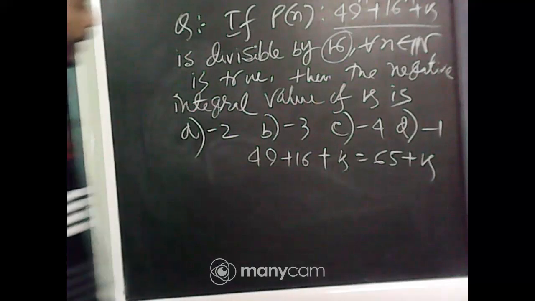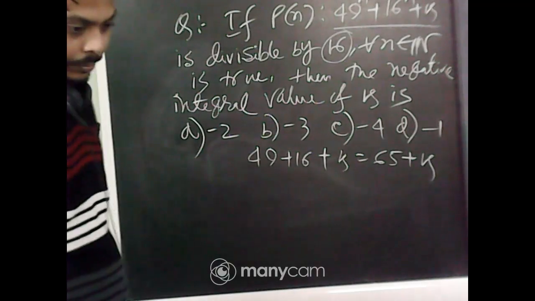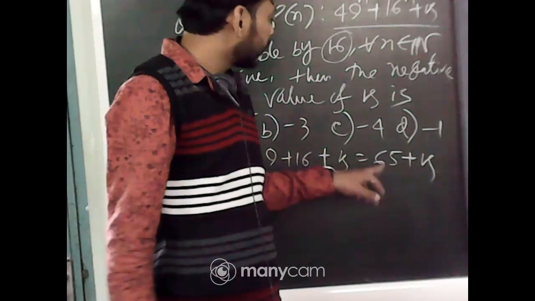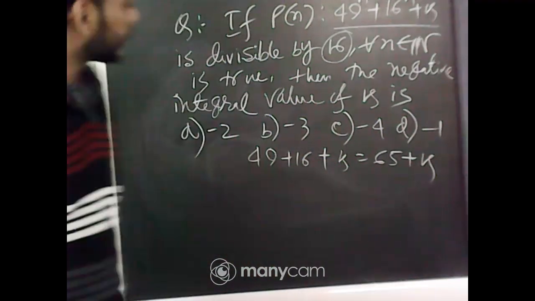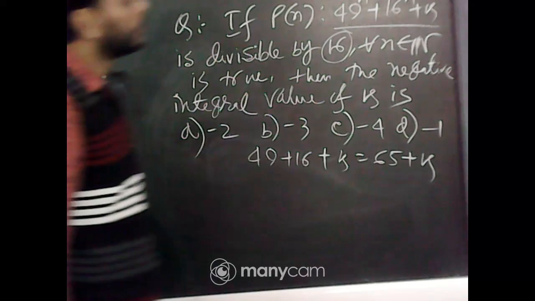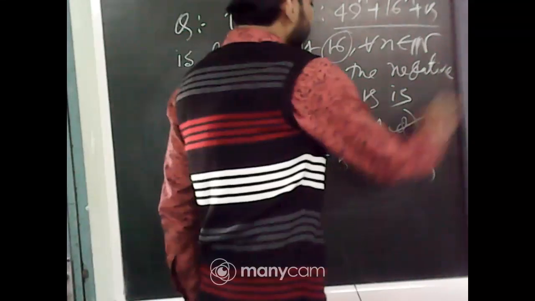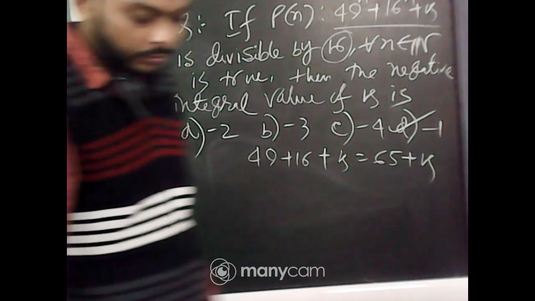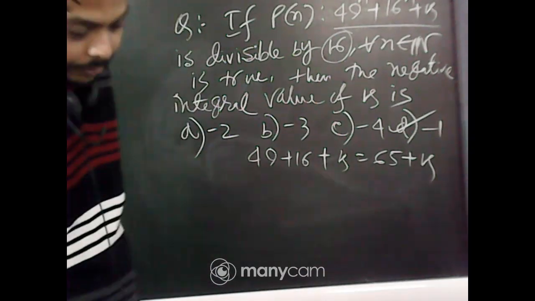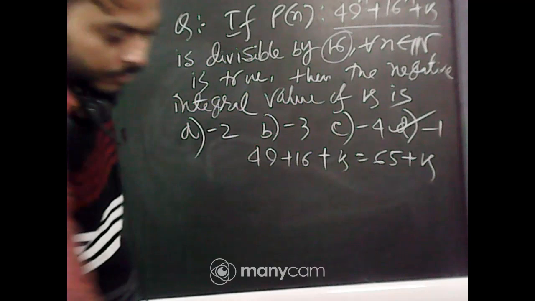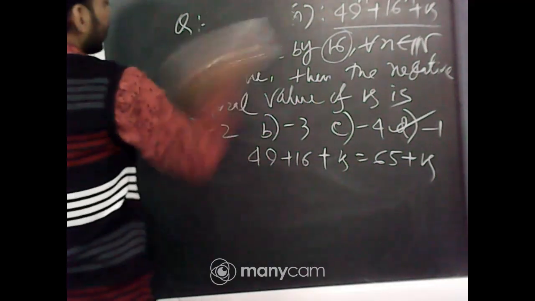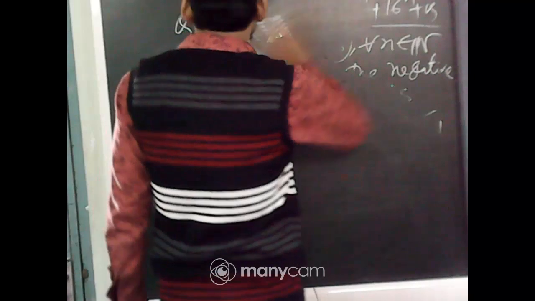So for the value of k, if we put k equals -1, that will give you 64, that is divisible by 16. So k equals obviously -1, isn't it? Okay, so option D, -1, is the correct answer.